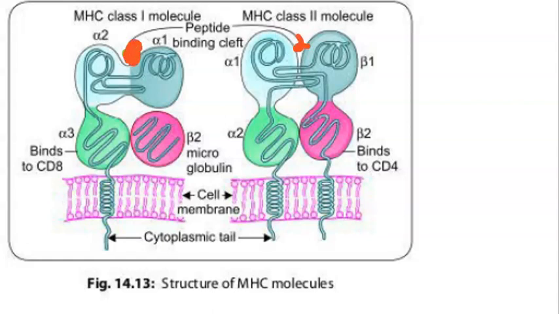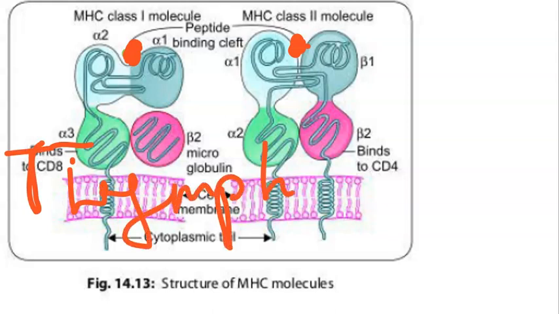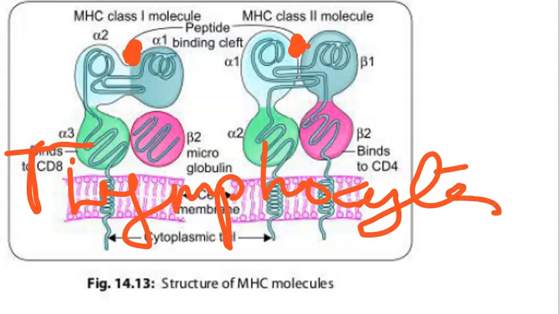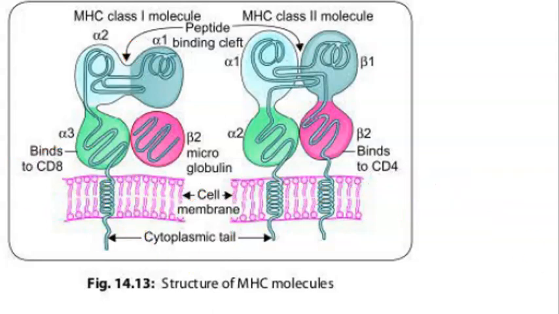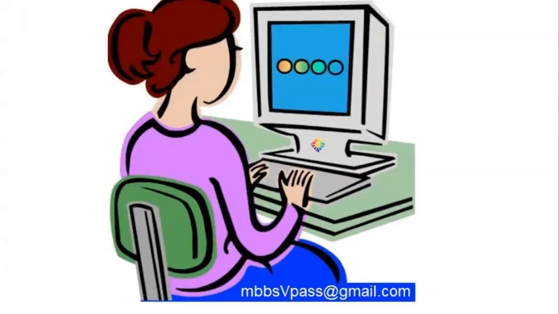This antigen will be presented to the T lymphocyte, to be very specific. So this is the job of this molecule. It will take everything, think it is an antigen, present it, and start the immune response. That's it, guys. I hope you have understood something in this video on major histocompatibility complex. Bye bye.